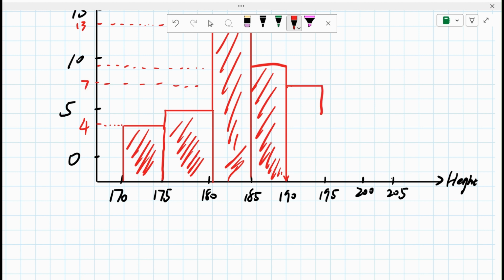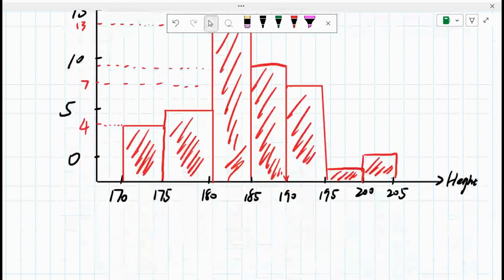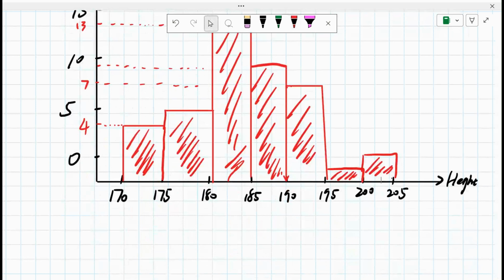Then 200 is around 1, about here. And 205 is 2, which is here. Perfect, that's all the histogram for grouped continuous data as well. Hopefully you enjoyed it. I'll see you next time.